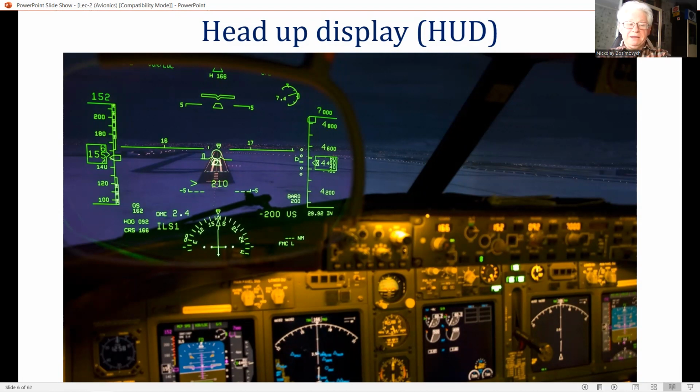A head-up display basically projects a collimated display in the pilot's head-up forward line of sight, so that he can view both the display information and the outside scene at the same time.